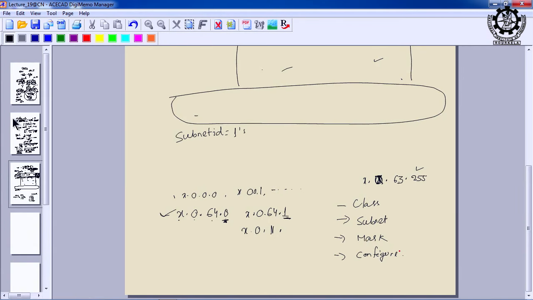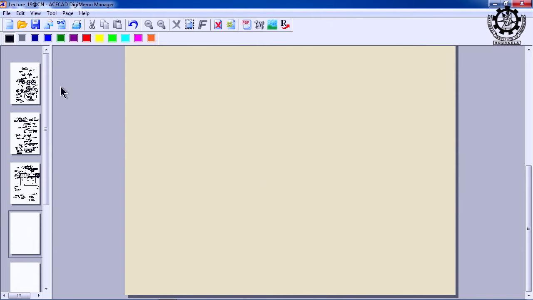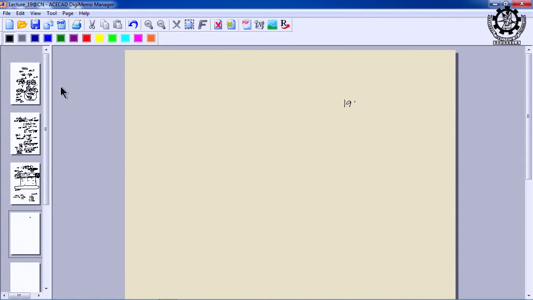Let us say a class C organization. What is our institute's IP address scheme? 192 means it belongs to which class? Class C. Okay. So class C means what?